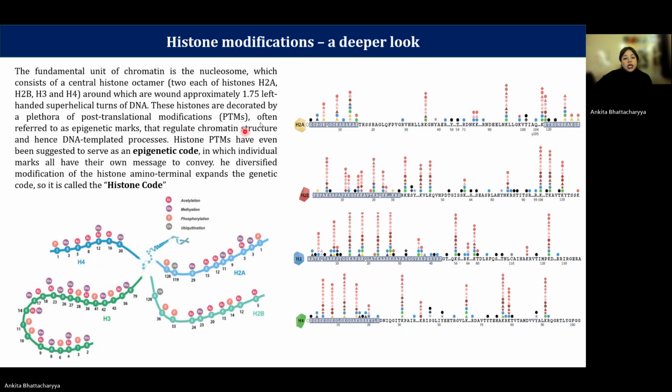Histone PTMs or post-translational modifications have often been suggested to serve as an epigenetic code. What do we mean by that? It means that there is a difference between the genetic code and the epigenetic code.